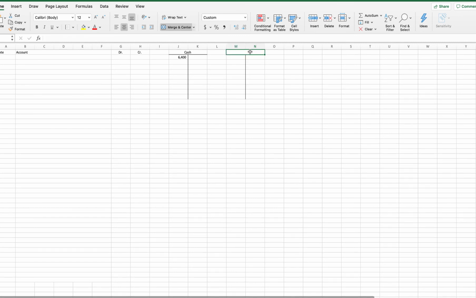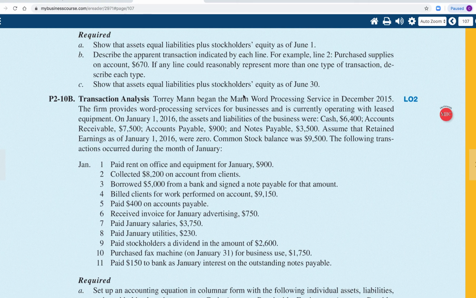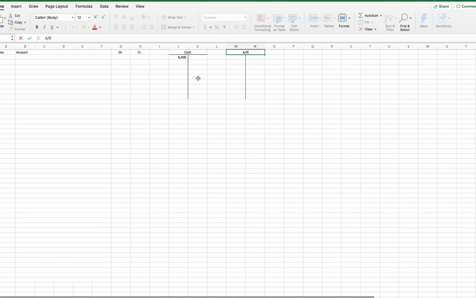And I'm going to abbreviate and say AR. It just stands for accounts receivable. If I go back to the book, I see that the accounts receivable balance is $7,500. Okay, so I'm going to plug in $7,500 on the debit side of accounts receivable.